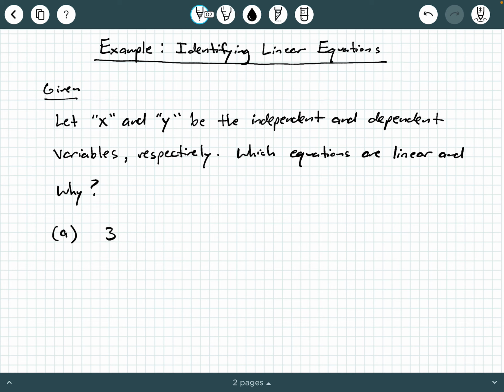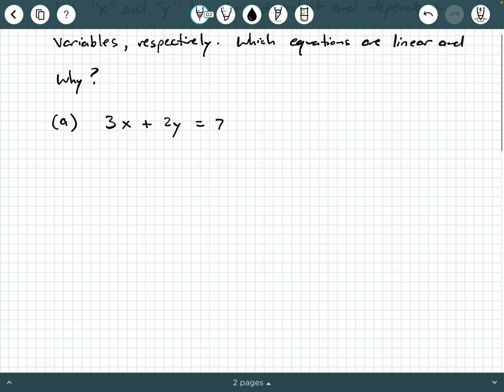All right, so let's write our first equation, part A. We're given the equation 3x plus 2y equals 7. And then equation B, we're going to be given sine of pi over 2 times x minus 4y equals e squared.